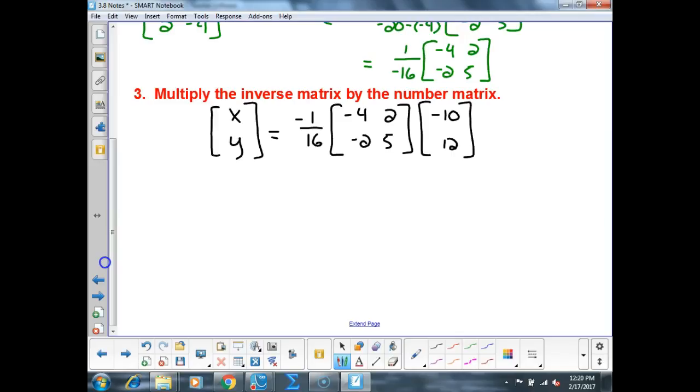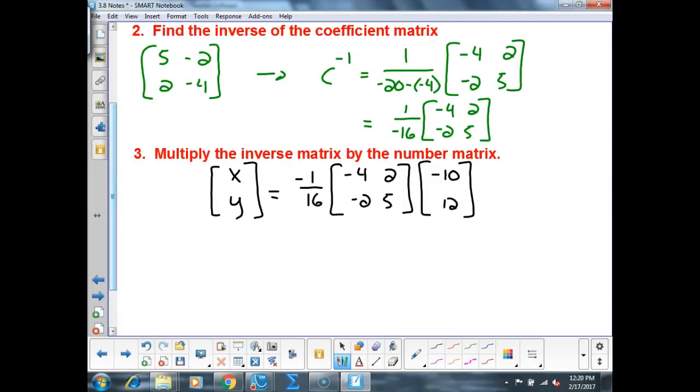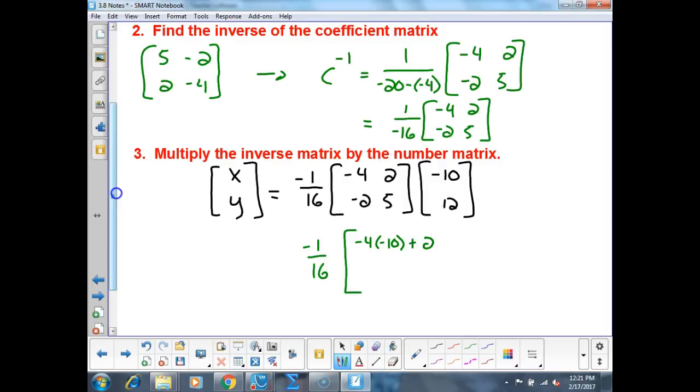So, this negative 1/16 is going to stay out. Negative 4 times negative 10 plus 2 times 12. Negative 2 times negative 10 plus 5 times 12.